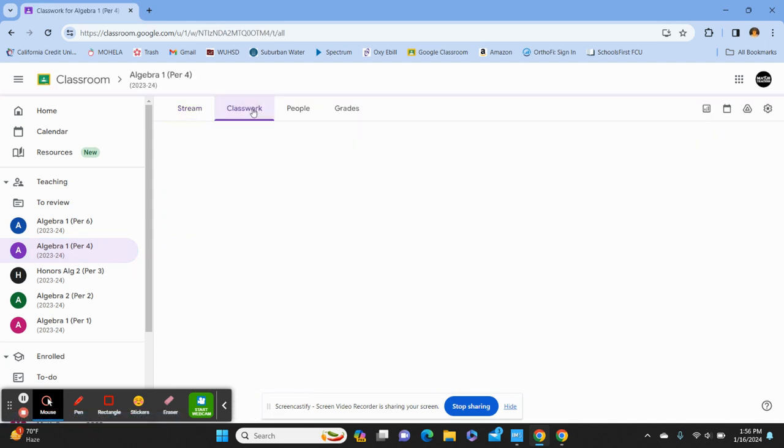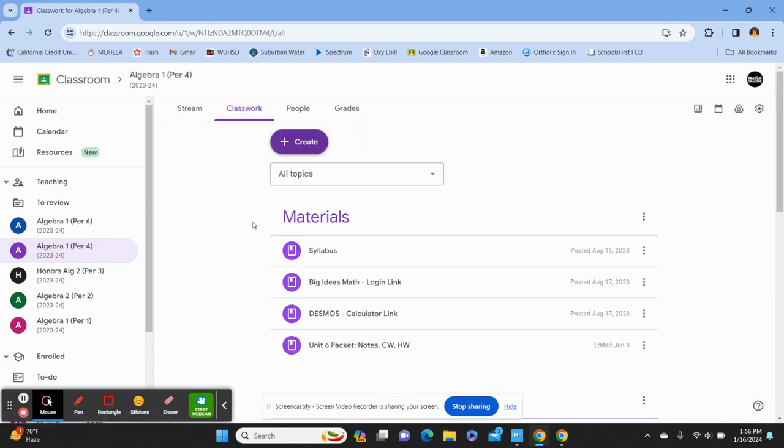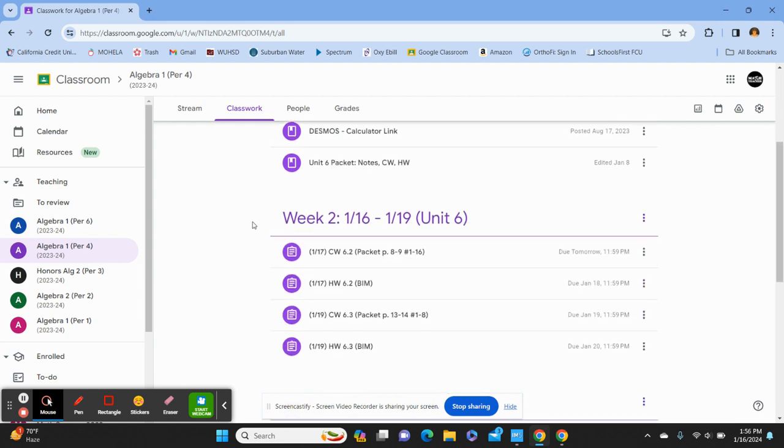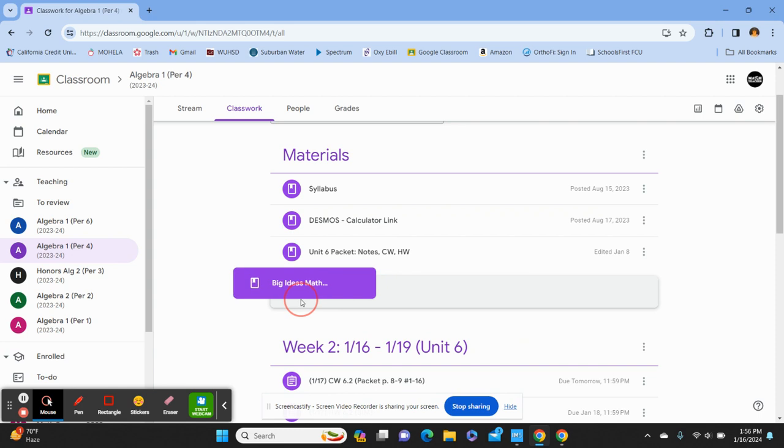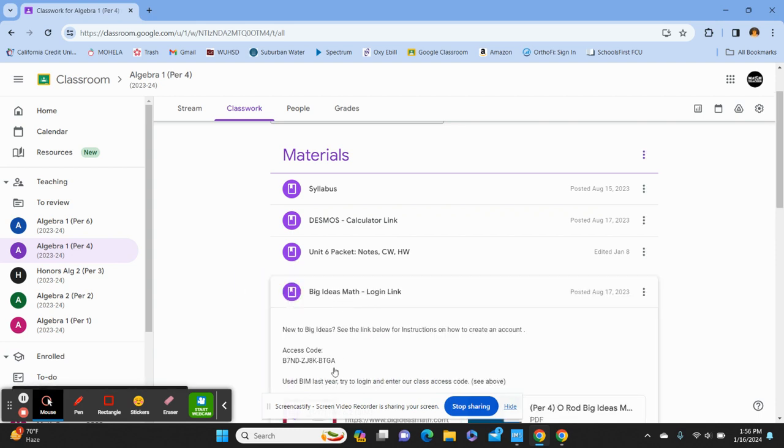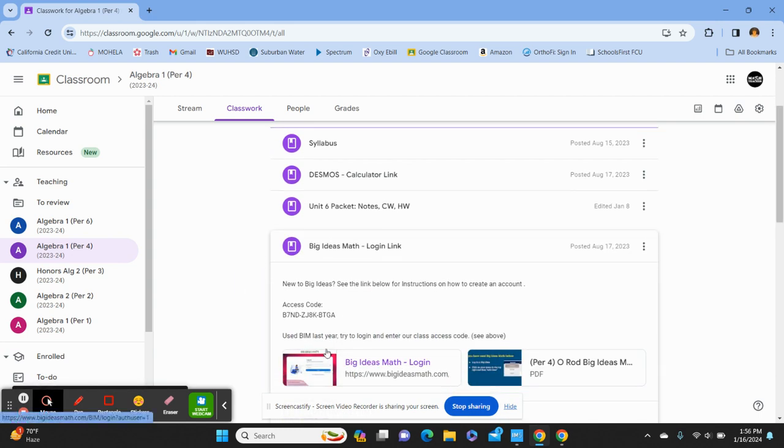So here we go. As soon as you get to classwork, so for those of you that are new to the class, whether it's period 4 or period 6, here it is. There is the code, that one right there. That right there is the code that you would need, the new code you would need to type in to join this period's BIM. So yes, you do need to join BIM.